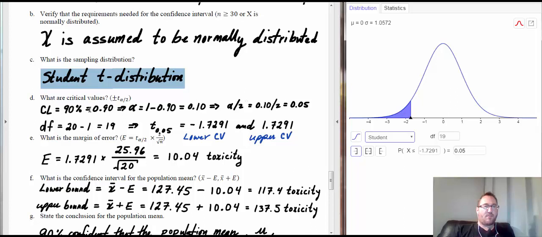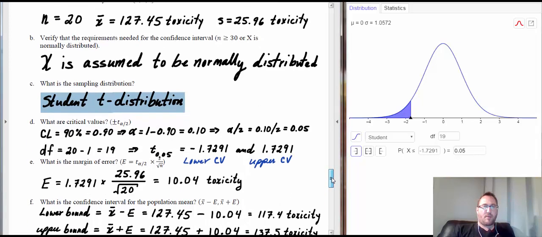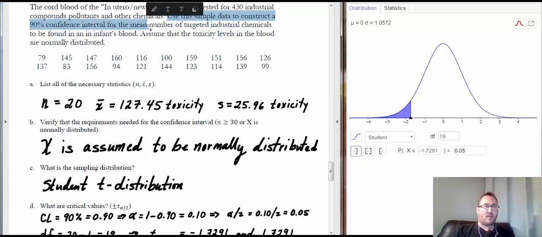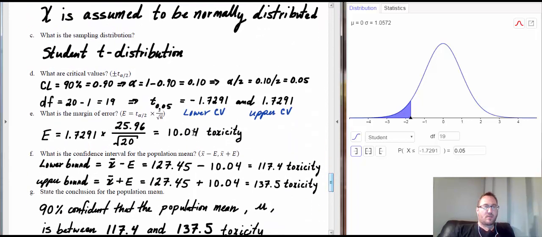Alright, for part D, finding those critical values, the lower critical value and upper one. Since the problem, going back here to the top, says use the sample data to construct a 90% confidence interval for the mean, that is for the population mean, what we want to do, as I stated here, is we have that level, middle 90%.